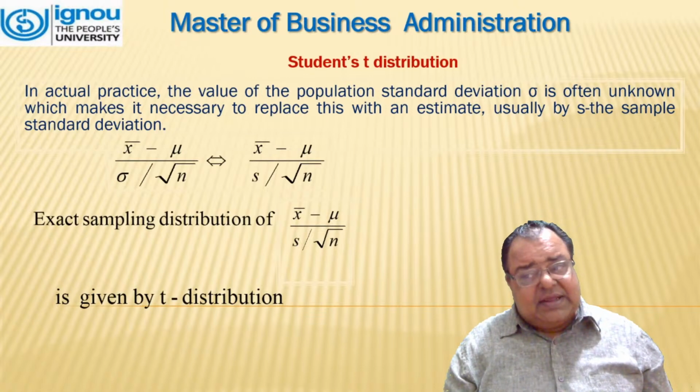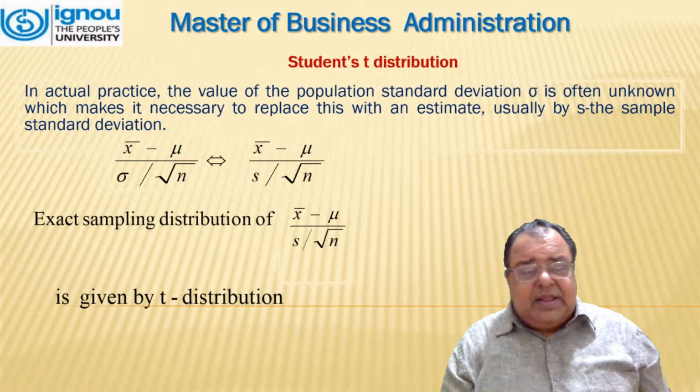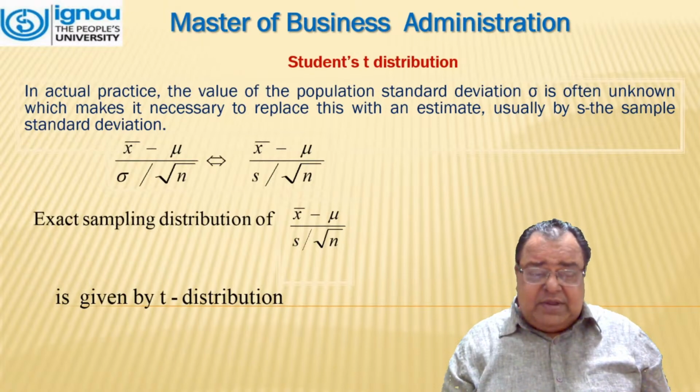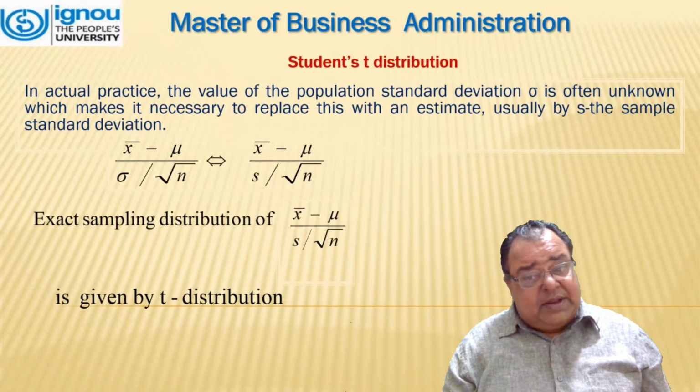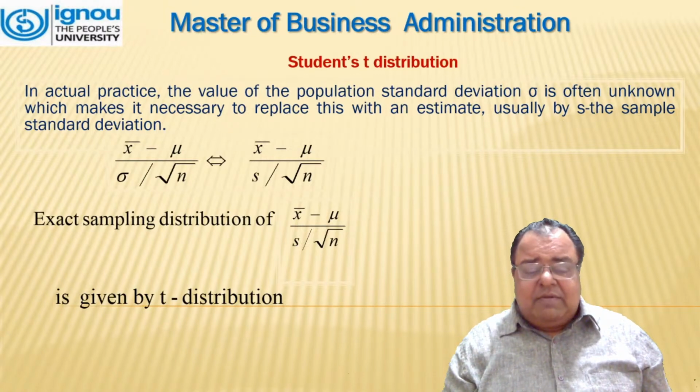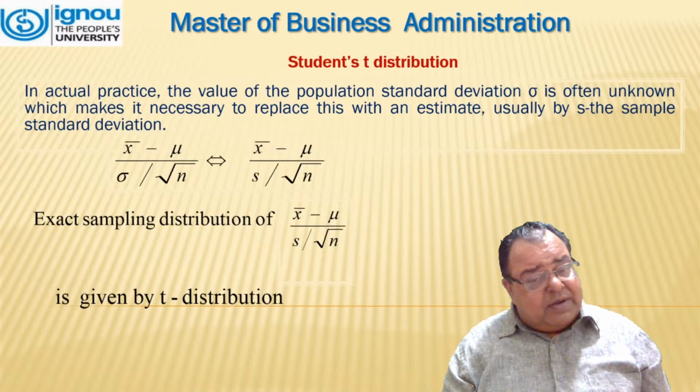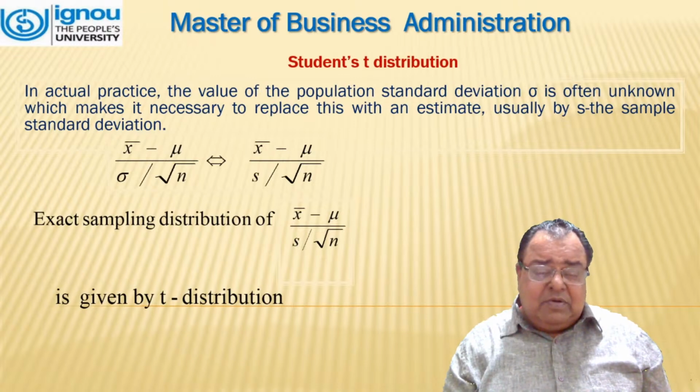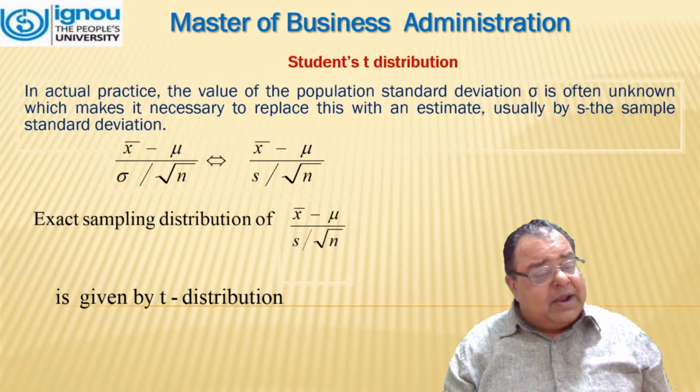Usually, s, the sample standard deviation, is used. Now you can see that if we don't have the standard deviation in the problem, then it will be replaced by the estimated value of standard deviation. So the relation (x bar minus mu) upon sigma divided by under root n is now replaced by (x bar minus mu) upon s divided by under root n.